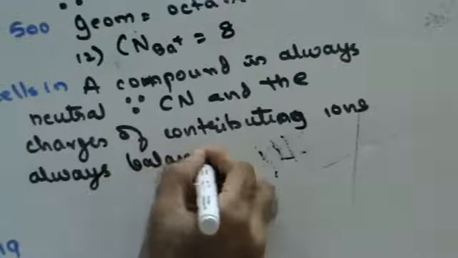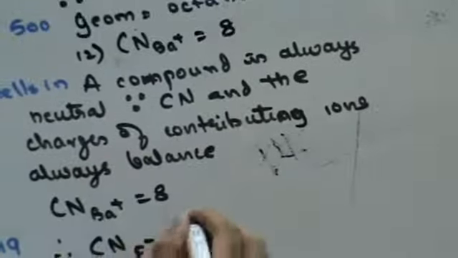In which case, if they give you that the coordination number of barium ions is 8, that means, if the compound is neutral, the coordination number of fluoride ions should also be 8. Only then will the compound balance, right?